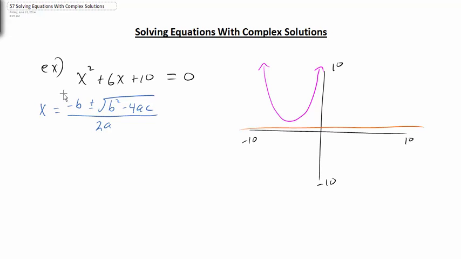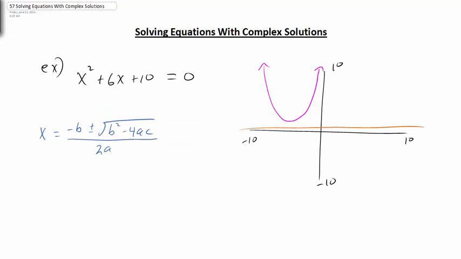It may be helpful to go up here and write out our trinomial. We know that a equals 1, that's the coefficient of x squared. b is equal to 6, that's the coefficient of the x. And c is equal to 10, that is our constant term.